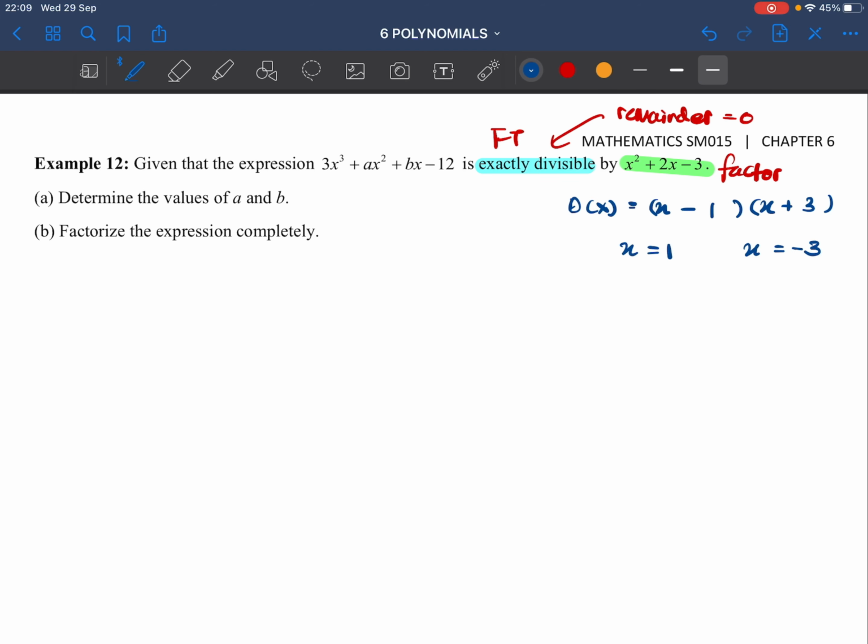Okay, so we know that p1 is equals to 0, and also p negative 3 is equals to 0, because this is our factor, because it is stated here exactly divisible, so there is no remainder. So again, simultaneous equation. Okay, you can do it first.